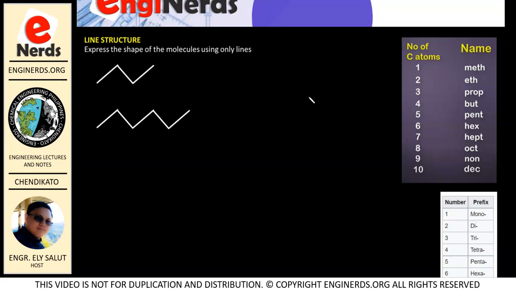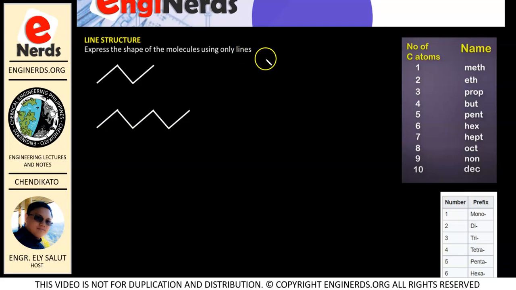Okay, but the downside of this is that it gives the least amount of details ng ating hydrocarbon, or ng ating organic compound. But on this lecture, we will be using this para mas madali ang ating mga discussion and representations. So, konting review muna.